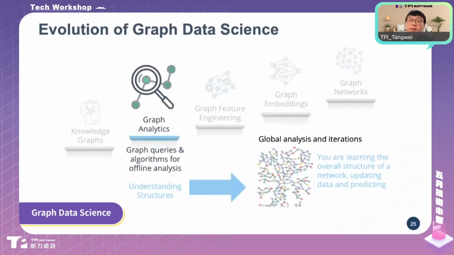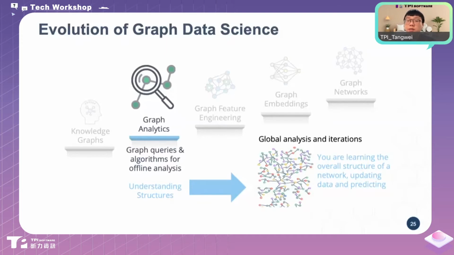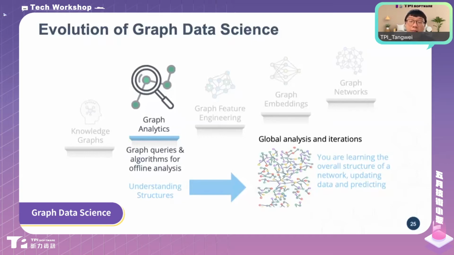And building on that, once I have a graph, I can start doing graph analytics. What that means is running graph algorithms or running global queries to answer specific questions. So I want to know how many disjointed subgraphs I have, how many communities there are in my graph, and I'm going to just run weakly connected components, take the result, and hand that off to an analyst, and that's going to be used to make decisions.